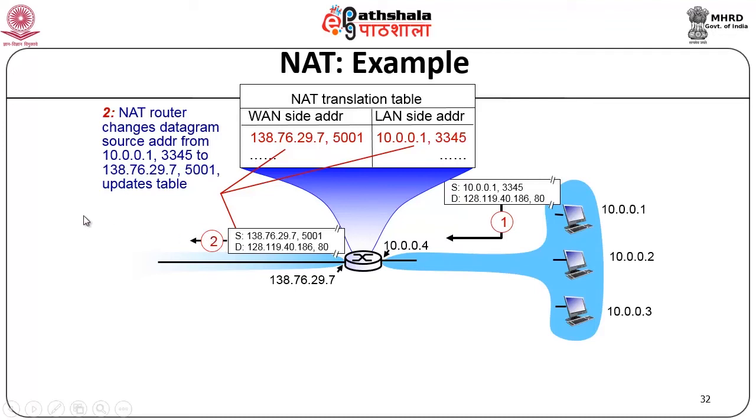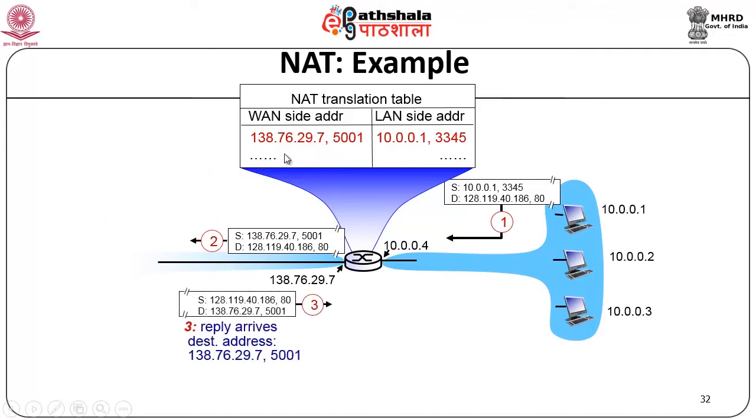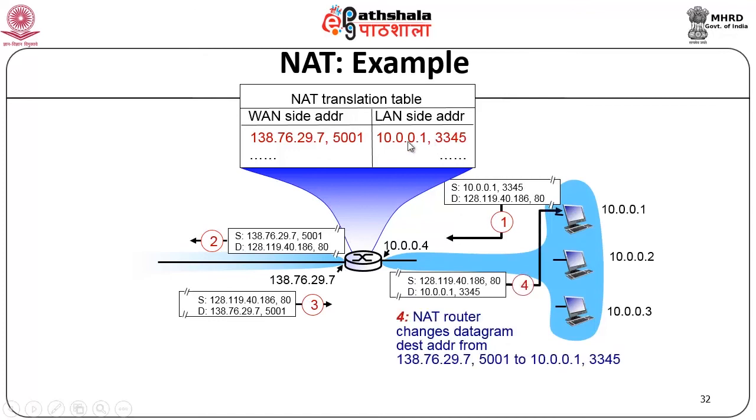Now when a reply is obtained from the other side, it will come to this address, and at the router in the reverse path, this address will be mapped to this LAN side address and sent to the correct device over here. So using this kind of mapping, having a table in between which is able to do this mapping, the address translation is done, and we find that this is a common solution used in many networks.